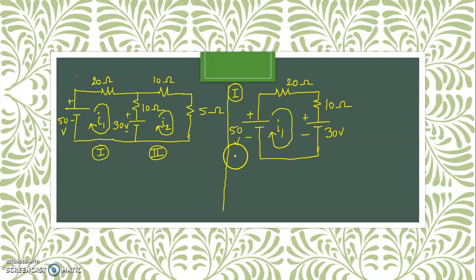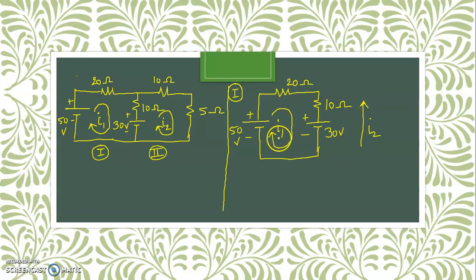But there is an effect of the second loop current. What is that second loop current? I2. The direction of that loop current through this 30 volt and 10 ohm is upward, whereas I1 is downward. So I1 is downward, I2 is upward.